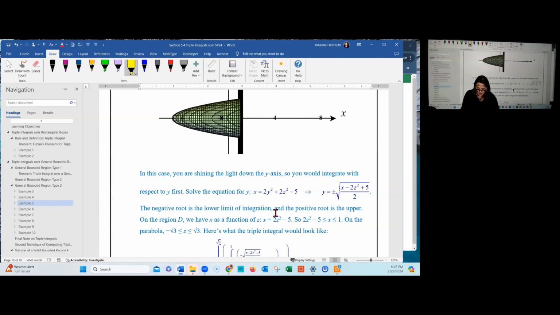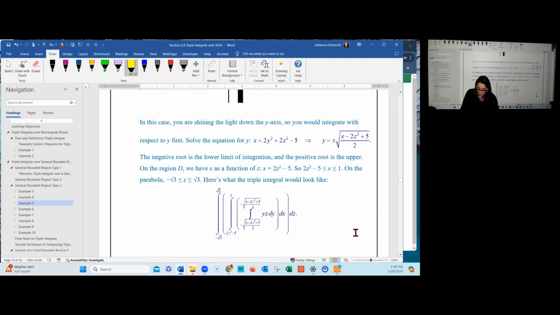If we're trying to then integrate on the other, we have, in this case, x as a function of z equal to 2z squared minus 5. So if we rotate, we end up with x going between 2z squared minus 5 on the low end to 1 on the high end.